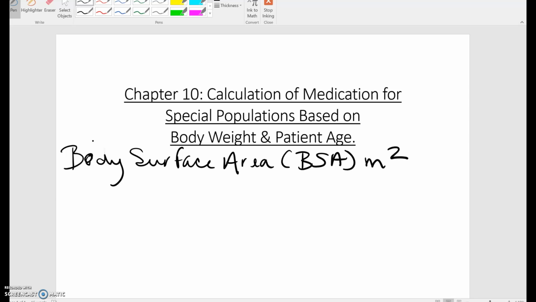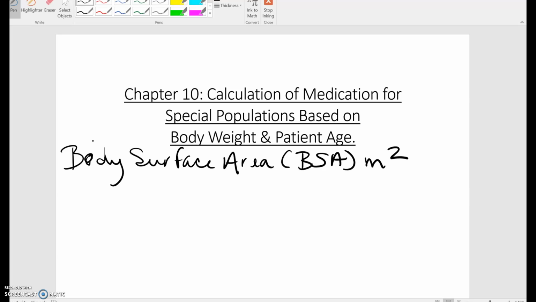But in addition, body surface area consists of 2 components, their weight and their height. So as you know, with the body weight method, we've used pounds or kilograms, and you multiply that by the dose regimen of the milligram per kilogram. Well, body surface area is just another step of doing that. So instead of it being pounds or kilograms, we now have meters squared.